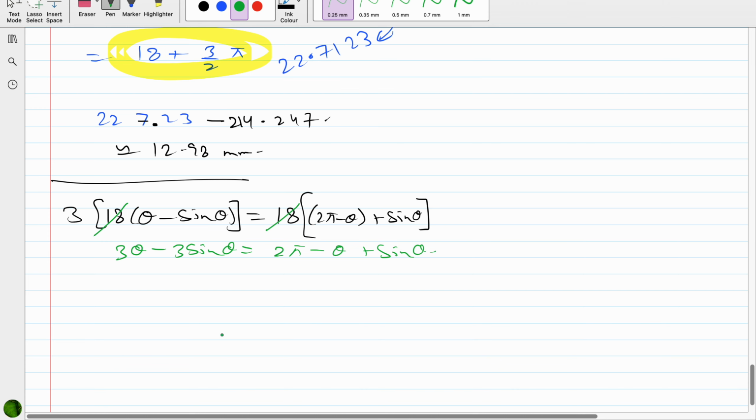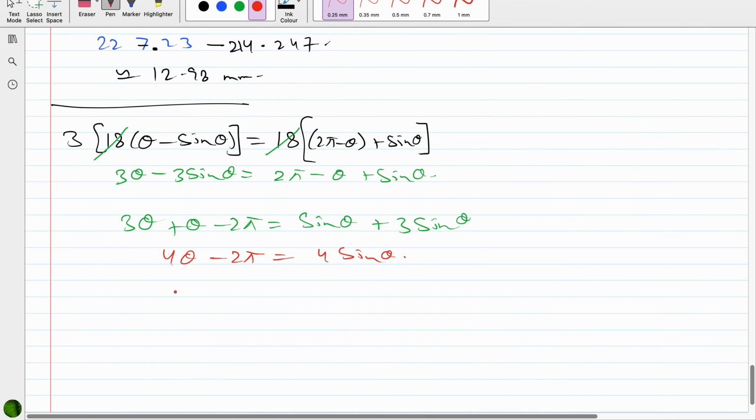Taking sine theta on one side, 3 theta, bringing theta on this side, minus 2 pi is equal to sine theta plus 3 sine theta. That becomes 4 theta minus 2 pi is equal to 4 sine theta.